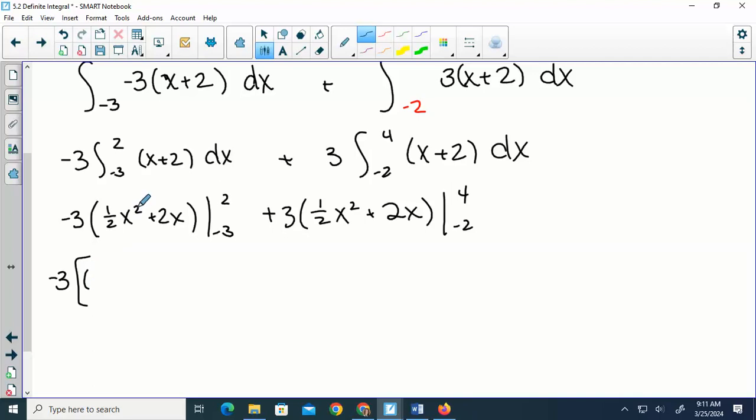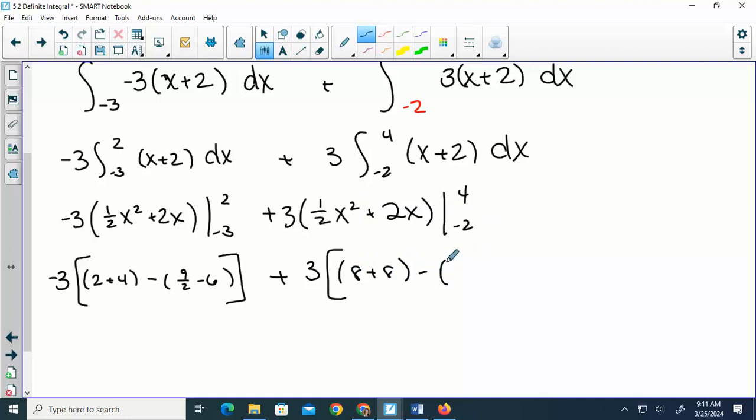So if you put in a 2, 4 times that is 2 plus 4 minus, if you put in -3. So we put in a 4, 16 times. And what do we get?